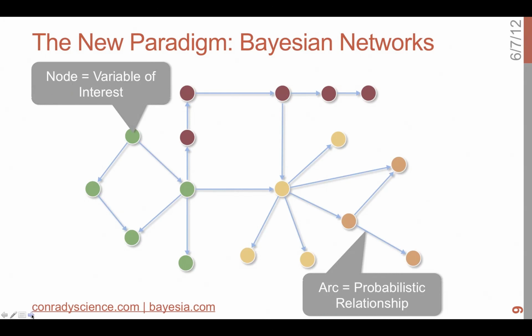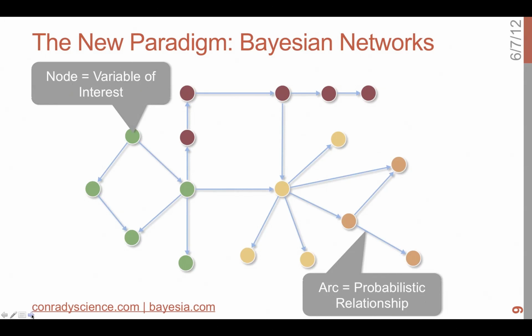Just really briefly, in a Bayesian network, you have nodes and you have arcs. And these are really all the components. A node represents a variable of interest, which could be something like sales or price or temperature, a physical property, whatever is in the domain you want to study.